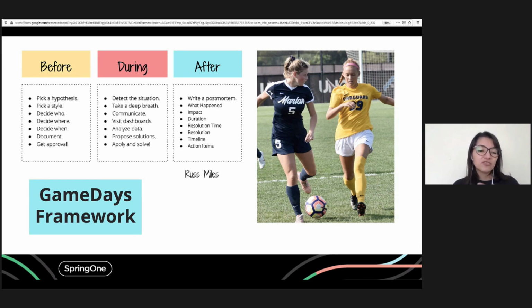Before running the experiment, we should focus on picking a hypothesis and a style, deciding who, where, when, documenting, and getting approval. During the game day, the idea is that the engineers detect the situation, communicate, visit dashboards, analyze data, and propose solutions. And finally, the objective is to write a postmortem.